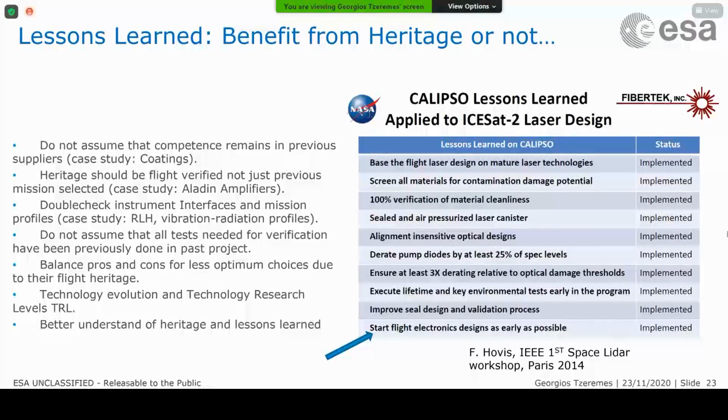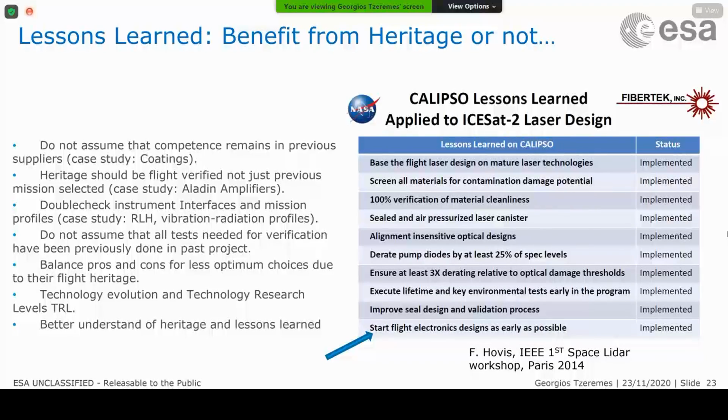When we moved from the Aladin mission to the EOLOS mission, we asked for a duplication of the coatings we got for Aladin, but the results we got from the developer were horrible. And it's simple. The magnetron sputtering technology used is an art in the coatings, and the operator who was building the coatings for Aladin had left. The person who took over was probably not as competent, and the results were really bad.